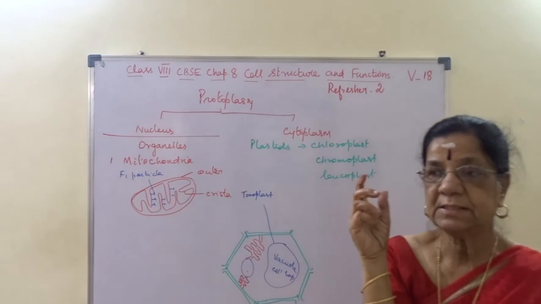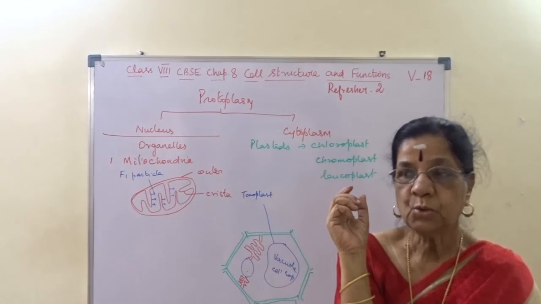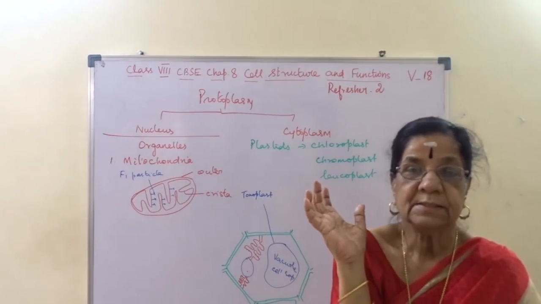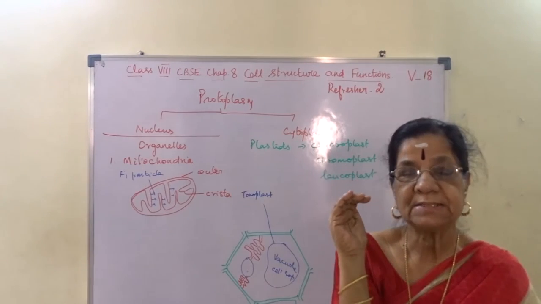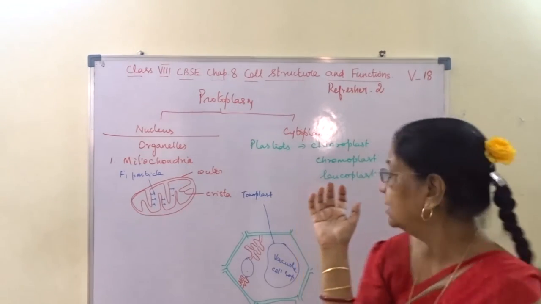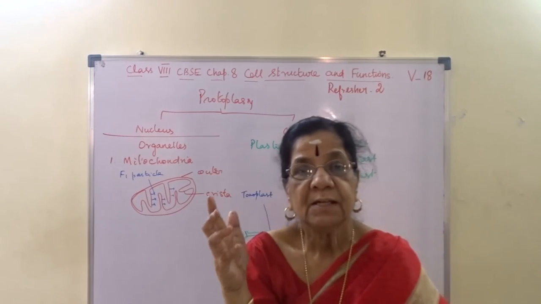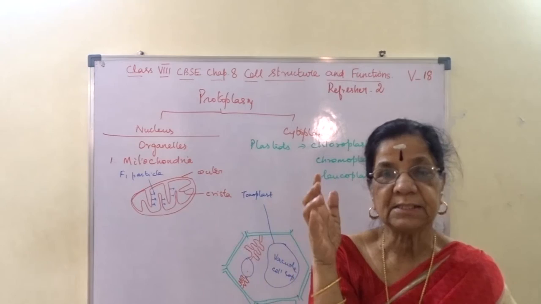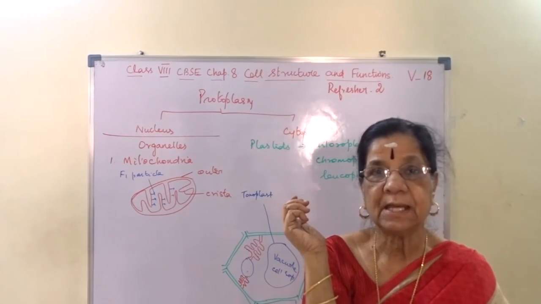It contains the green pigment chlorophyll, and it is most abundant in green leaves. Green plants have chloroplasts, which contain the pigment chlorophyll. Whereas the chromoplast has different coloration, and those colored pigments are xanthophyll and anthocyanin.